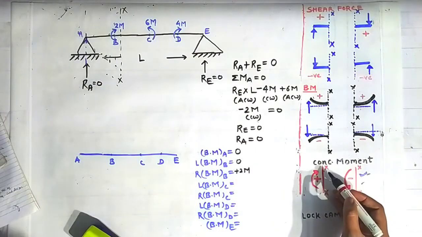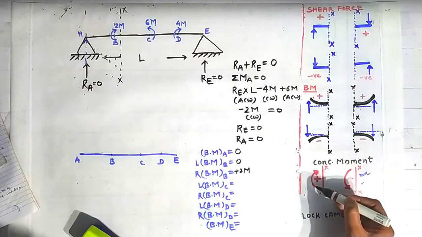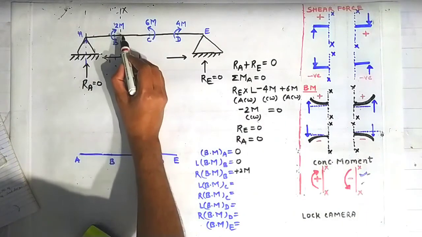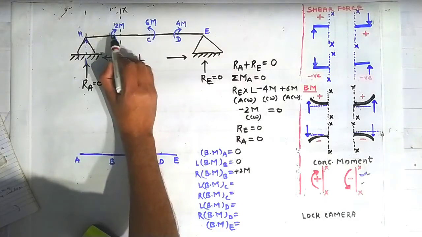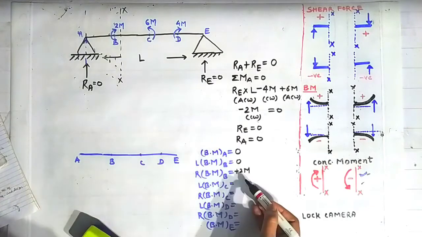Why? Because if a concentrated moment is acting on the left hand side of a section XX and it is creating a clockwise rotation, then we assume it as positive. Similar is the case here. This moment is acting on the left side of this section XX and going in clockwise direction, so treat it as positive.